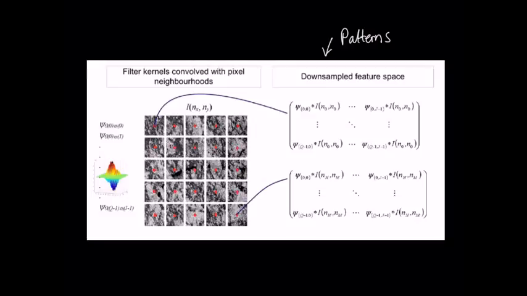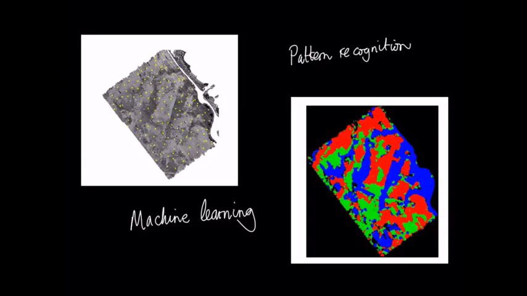Once we've created these patterns, the computer can then distinguish between them, provided we set up some learning process. We can train a machine to learn to recognize the different types of numerical pattern corresponding to the regions of the imagery. It's called pattern recognition, and it's synonymous with machine learning.